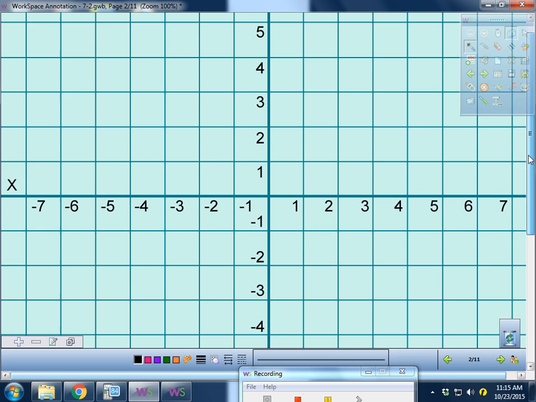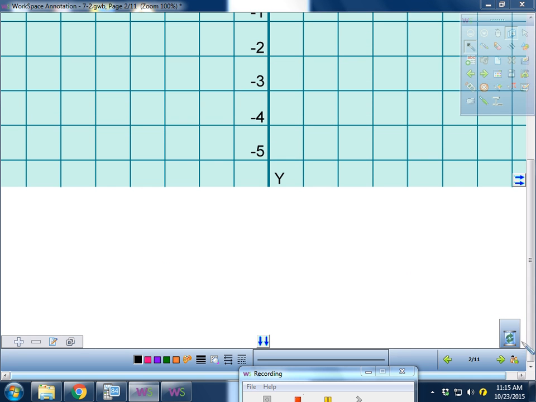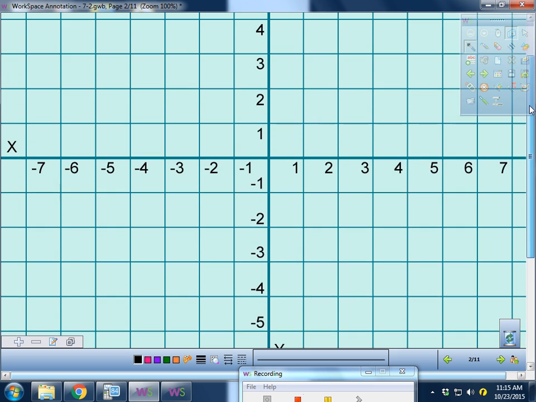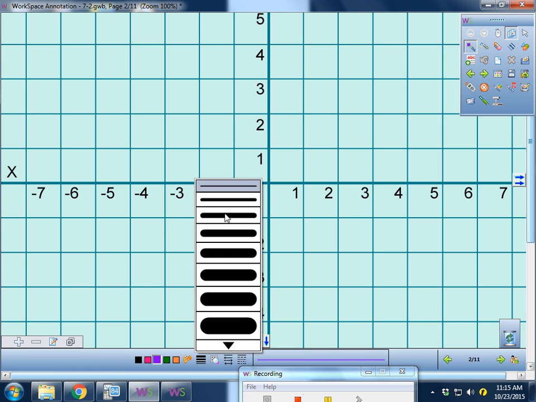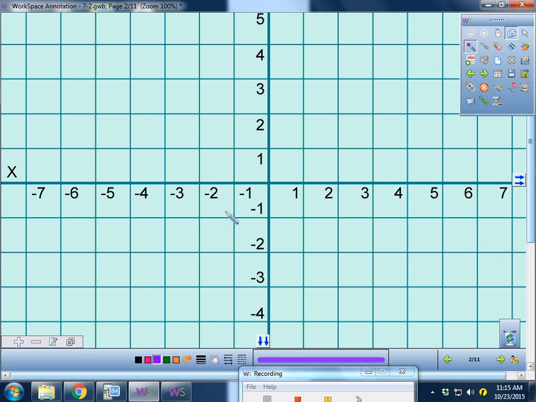So let's plot those points on this graph right here, okay? The very first one, your relation was 0, 2. I'm going to graph this first one in this pretty purple color. So I'm going to graph the point 0, 2.